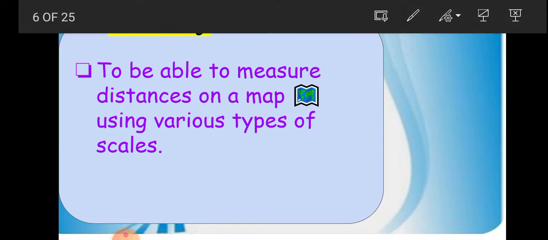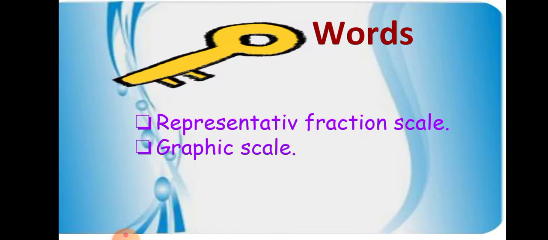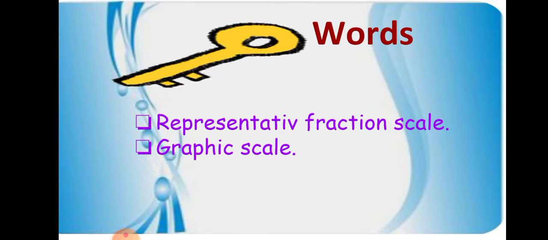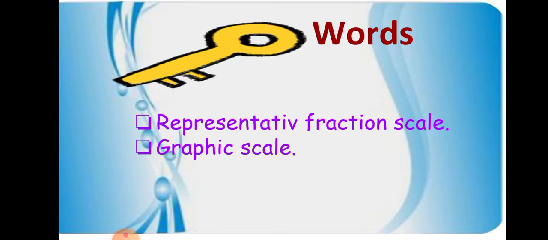So let's start with keywords that we will use in today's class, and these words are very important. The first word is representative fraction scale, or in short, RF scale. It shows the ratio of distances on the map to the actual distance on the ground.